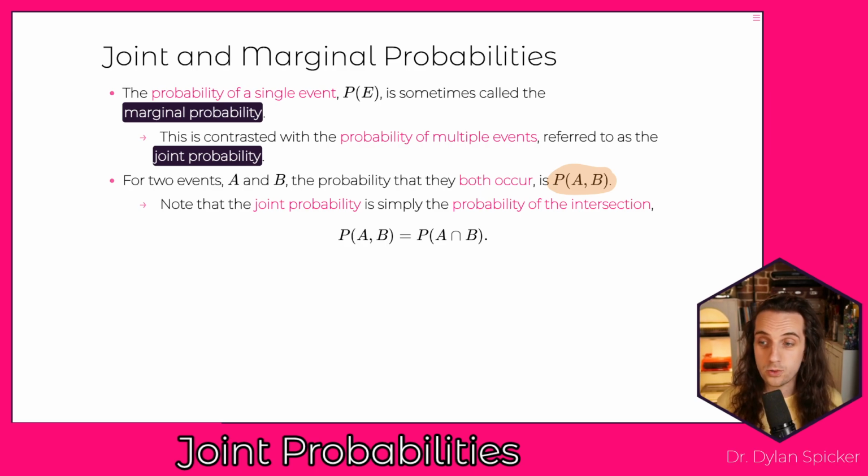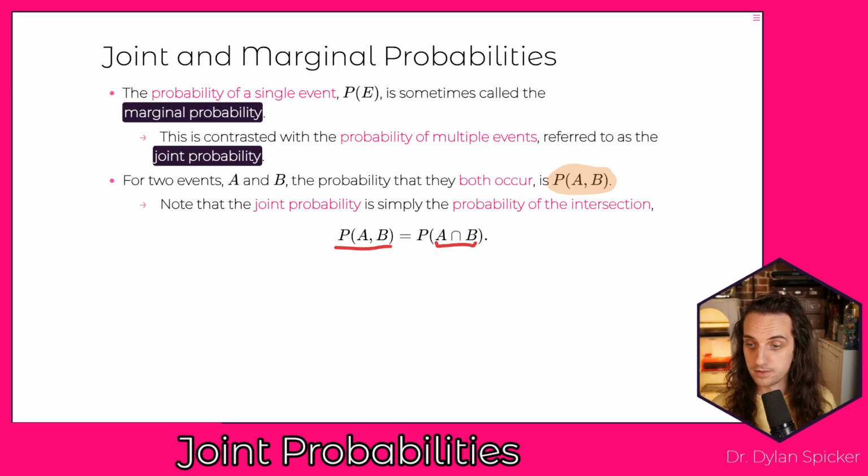Now, note that the joint probability is actually just the probability of the intersection. If we're saying that both A and B happen, then we can write that as A intersect B. Right? So the joint probability is really just the probability of the intersection of A and B.